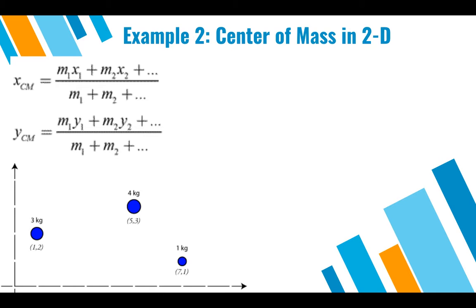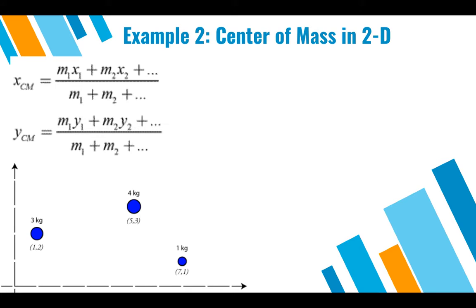The 3 kilogram mass is located at 1, 2, so the x-coordinate is 1, the y-coordinate is 2. The 4 kilogram object is located at 5, 3, so 5 is our x-coordinate and 3 is our y-coordinate. Our third mass, or point particle, is located at 7, 1, and its mass is 1 kilogram.